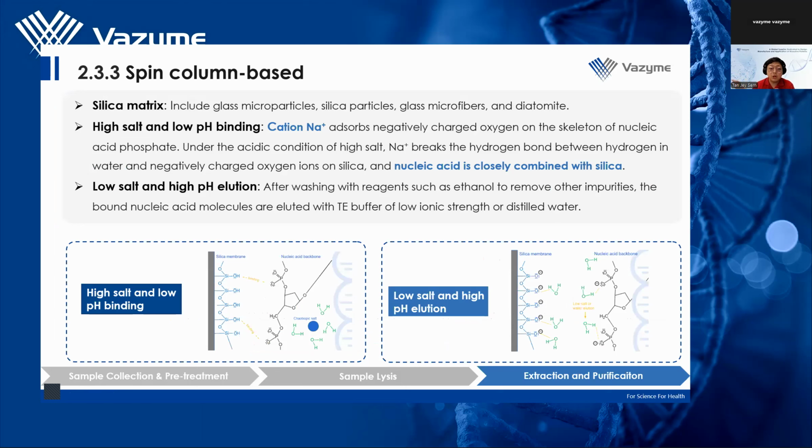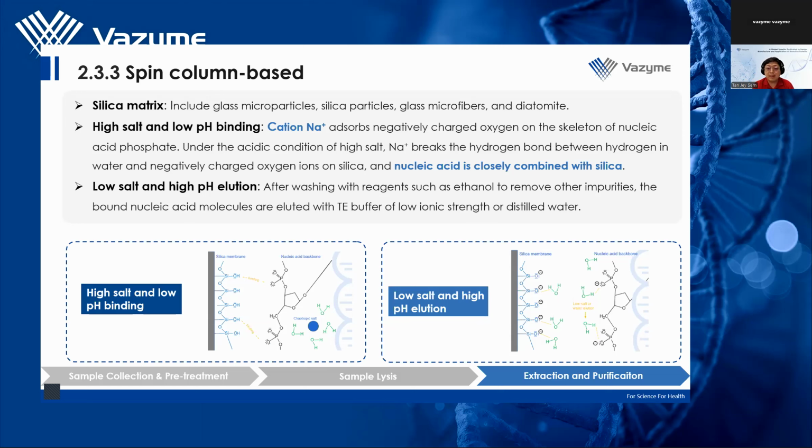The next method is the column extraction method, which relies on specific absorption of RNA using a centrifuge column containing common absorption materials such as silica-based materials and anion exchange resins. Silica-based materials possess the ability to significantly absorb nucleic acids, enabling them to efficiently capture RNA from complex biological samples.